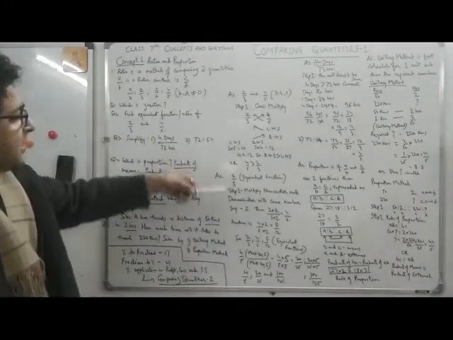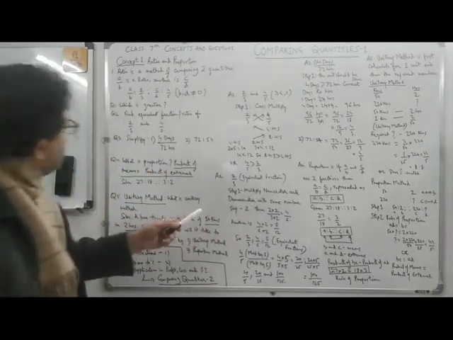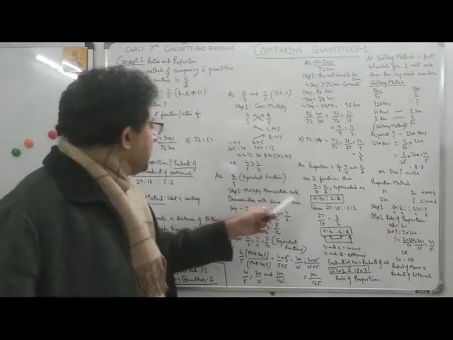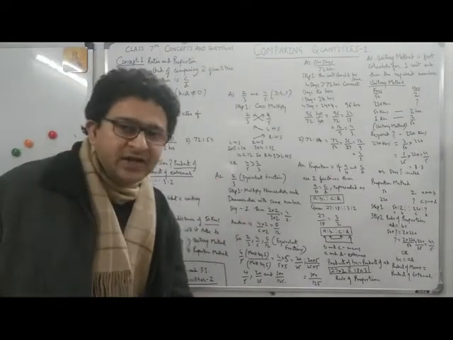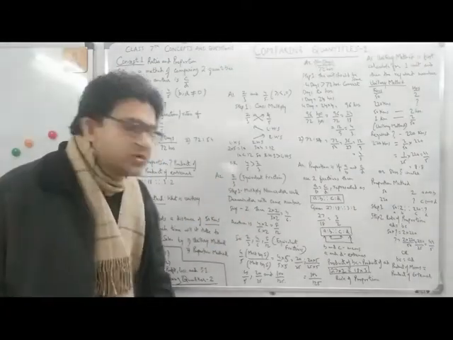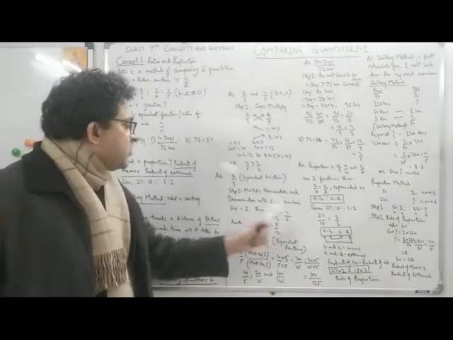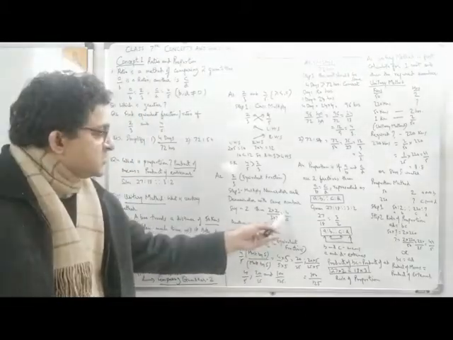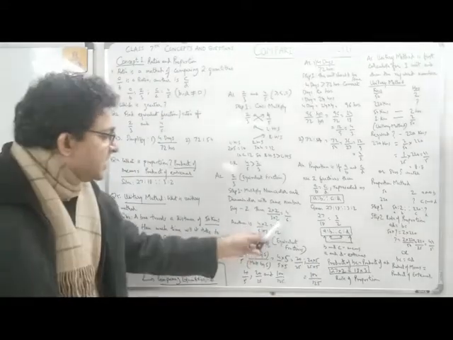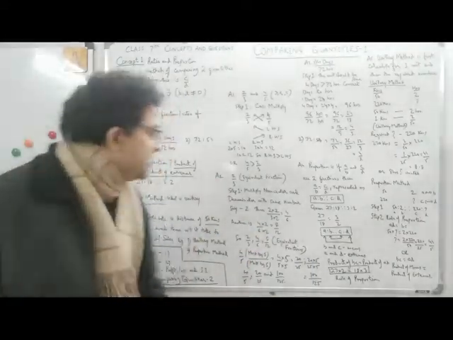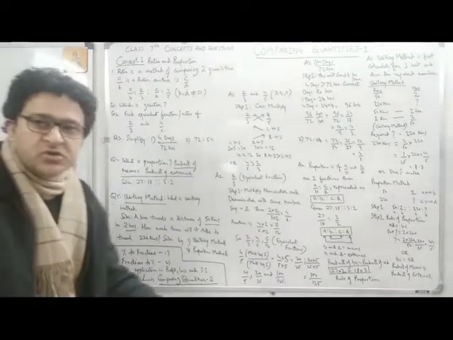So step 1 is to multiply the numerator and denominator by the same number. Say we take 2. So students, it is 2 into 2 and 3 into 2, which is 4 by 6. Now let's multiply again: 4 into 2 and 6 into 2 gives 8 by 12. So what three numbers do we get? We get 2 by 3, which is the question itself.